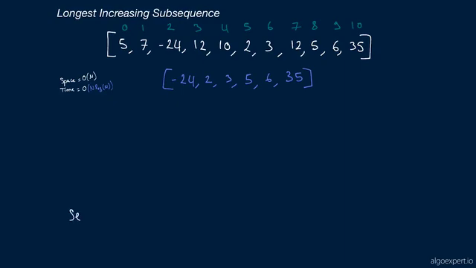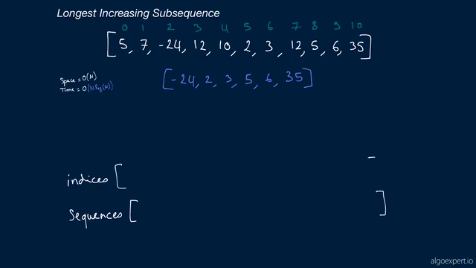One of them is going to be called sequences, and this one is actually going to be identical to our sequences array from before. But then we're going to be building an array that I'm going to call indices, and this one is going to be different.